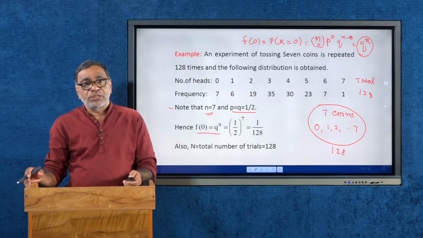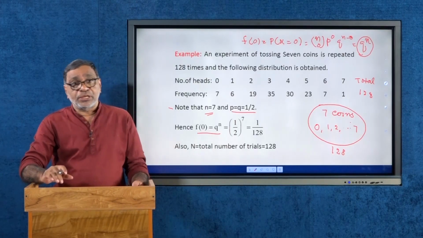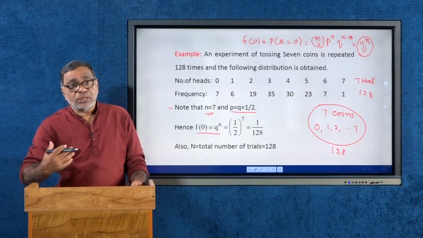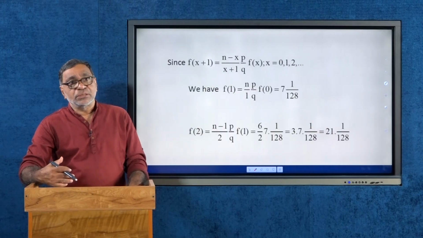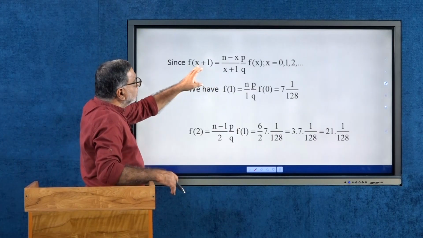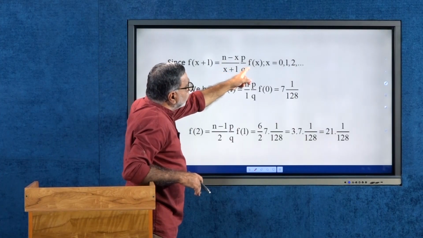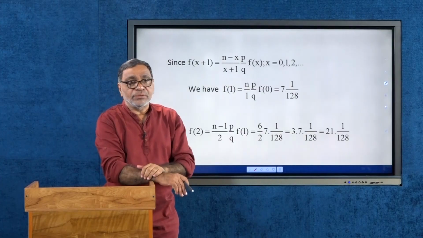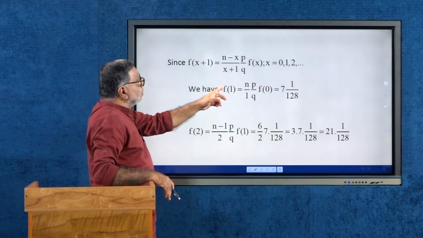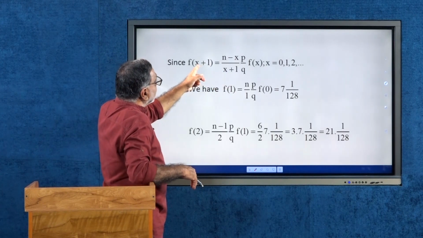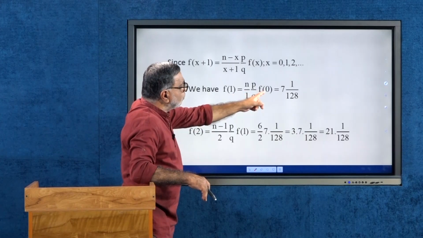So how do you find the other binomial probabilities? We obtain the first probability f of 0, and using the recurrence relationship you can find the other binomial probabilities, that is, f of x plus 1 equals n minus x divided by x plus 1 into p by q into f of x, which we established earlier. When x is equal to 1, f of 1 is equal to n p divided by 1 into q f of 0.